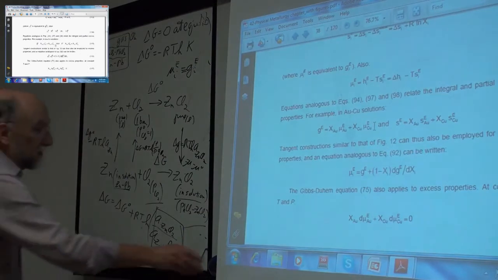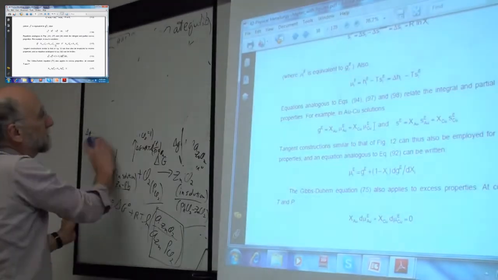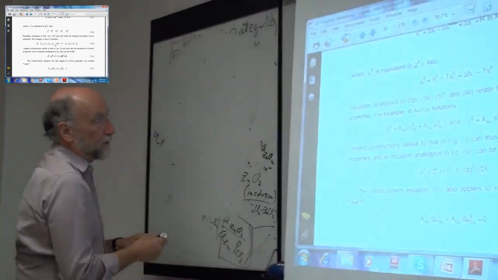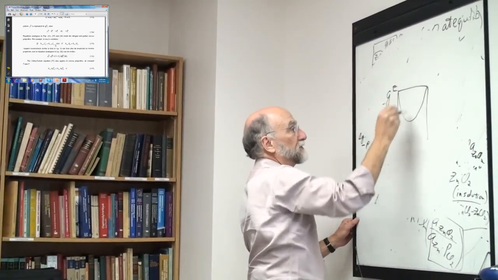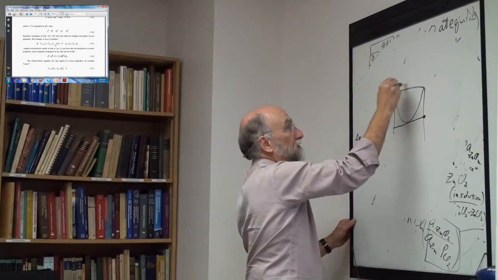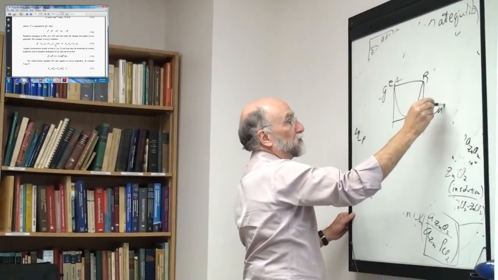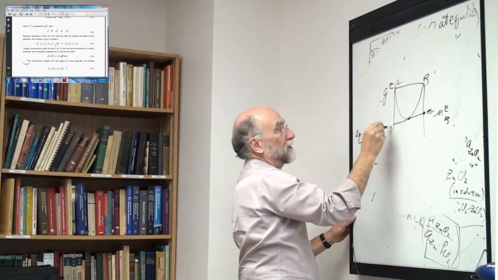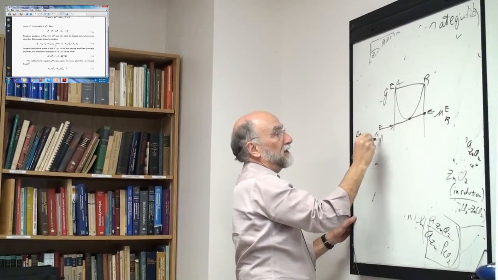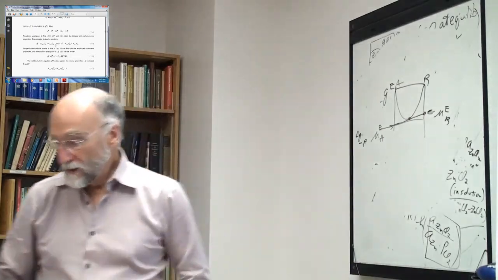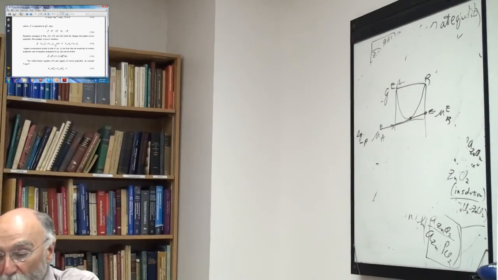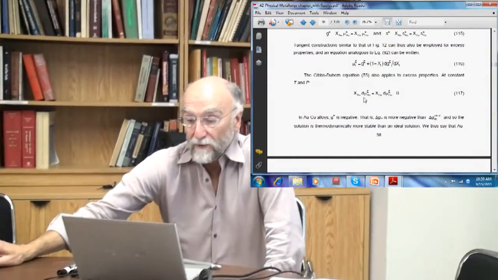So if you plot G excess like this, then in B, this point here is mu excess B at this point. This point here is mu excess of A at that point. And that equation clearly applies. So it looks like a lot of equations, but they're all virtually the same thing.